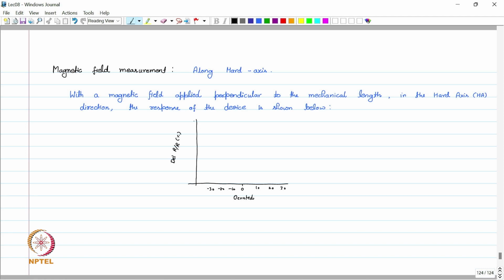So let's say this is at 0%, this is minus 0.5, minus 1, minus 1.5, minus 2.0, and the graph looks something like this at this 0.